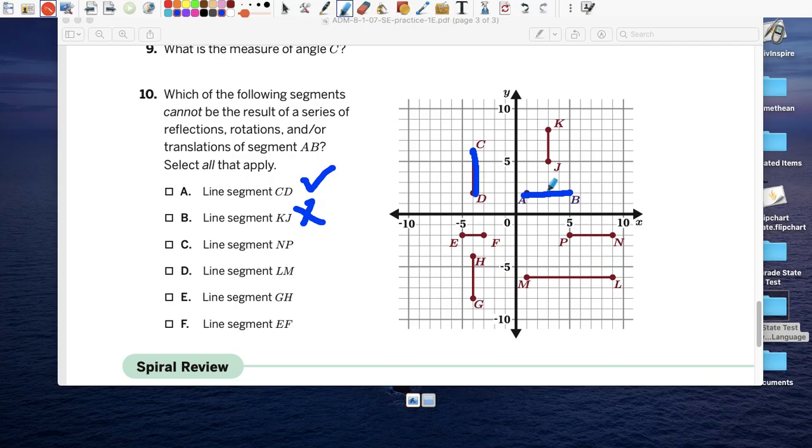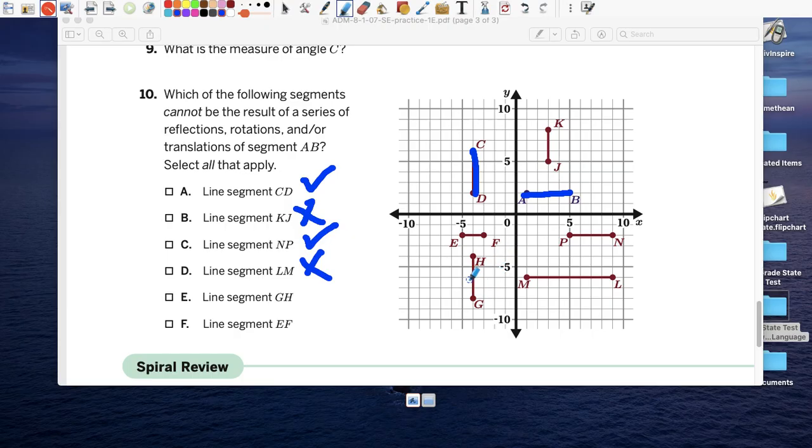AB is 4 units long. It's through a translation, moving down and then to the right, so we're good here. Same length. LM is definitely bigger than AB. So AB did not become LM through a rigid transformation, because it got longer, it's not the same length. So that's gone.